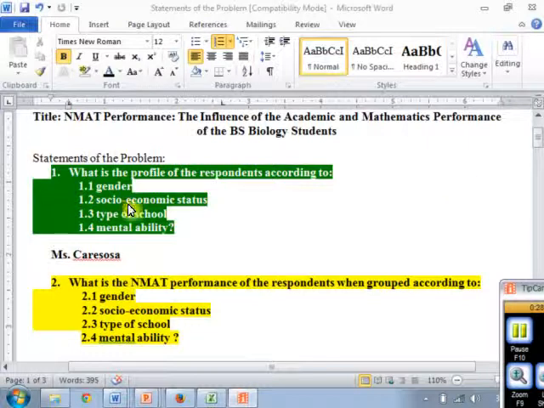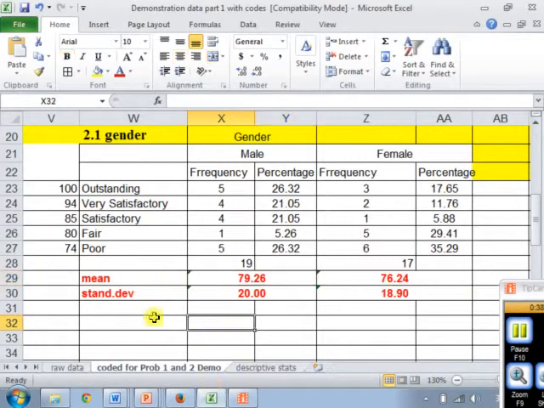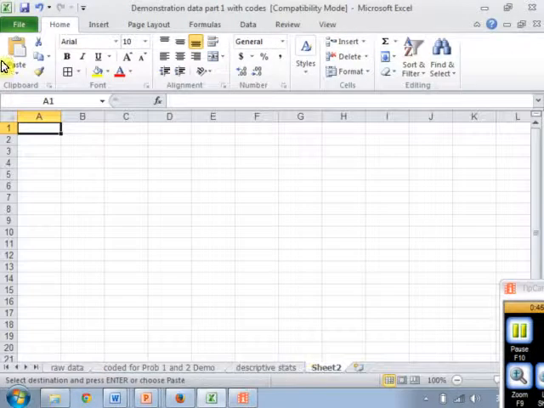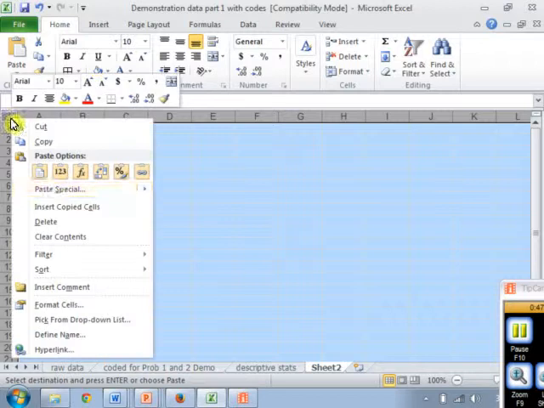So let's answer what is the NMAT performance of the students this time when they are grouped according to socio-economic status. So, again, we get the raw data, we paste it here.